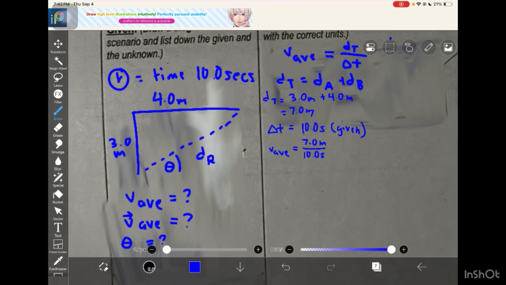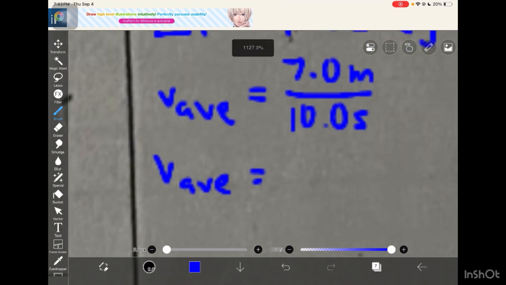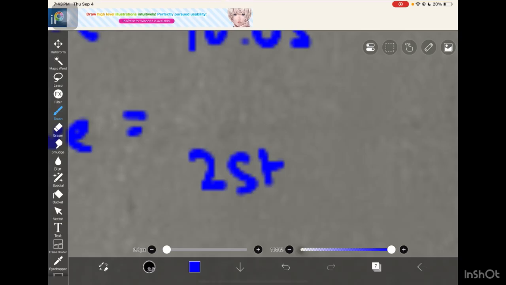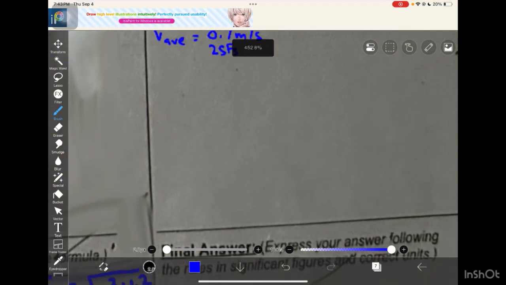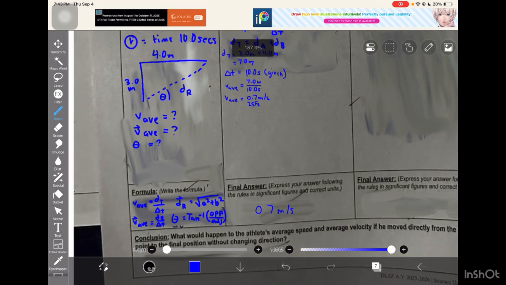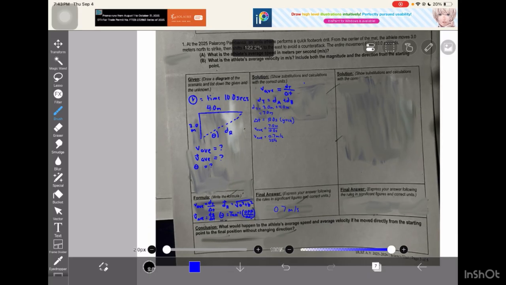So once we do this, V ave is equal to, least amount of significant figures first, so 2 SFs, 0.7 meters per second. So you can put that in our answer, 0.7 meters per second. All right, next one. We'll be using our 3 formulas here.